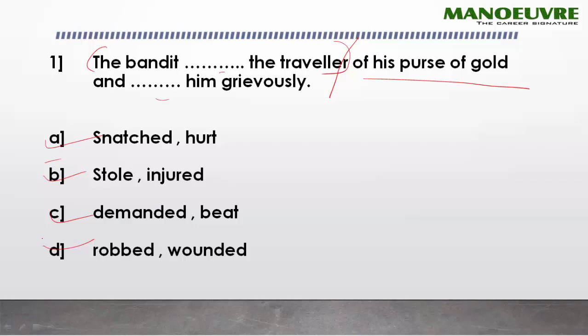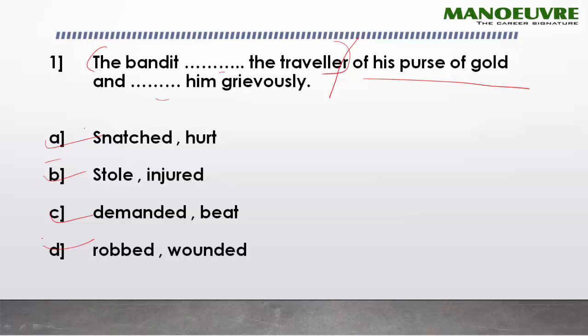Let us use the word snatched. Can we make sense by writing, the bandit snatched the traveler? Can anybody snatch a traveler? Is it possible? No. Snatching a traveler can never be the answer. Stole. The bandit stole the traveler. Is it possible that you stole somebody? You steal somebody?